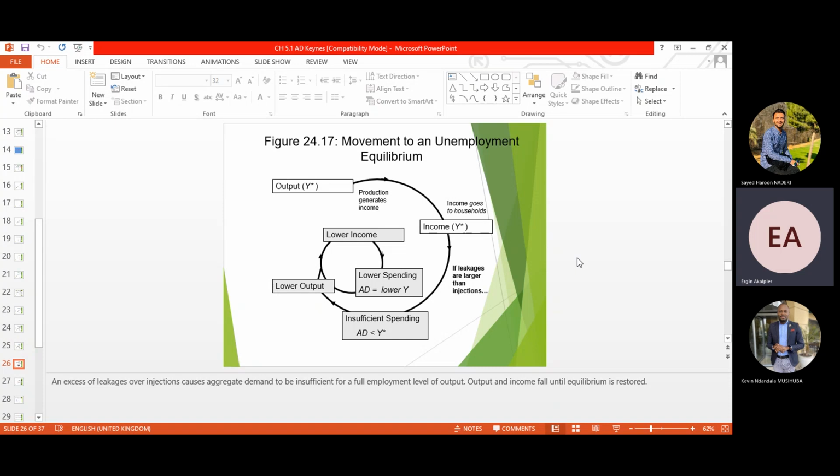The spending and some lower output, because if the aggregate demand is less than the real GDP, then we have some problem, and this will lower the output, lower income, and lower spending, and as a result of this circulation creates some problem to the economy. Therefore, in the economy, this aggregate demand and output, or so-called real GDP, is expected to become equilibrium, or we suppose the equilibrium, and we estimate and calculate the parameters in this direction.